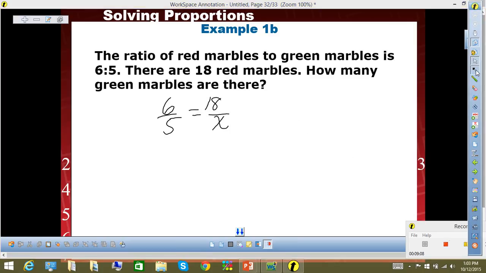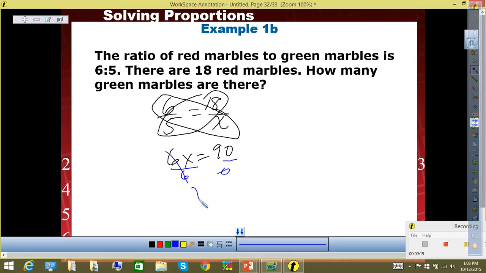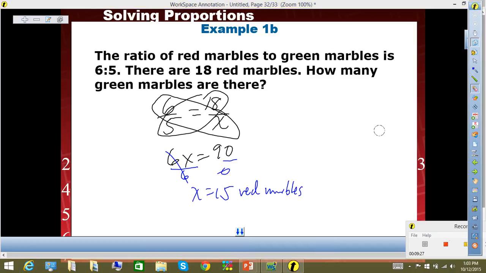Alright, so cross multiply, this is 6x equals 90. Divide by 6, divide by 6, x equals 15. Red, and I'm doing them blue? Red marbles. Oh, green marbles, my bad. Green marbles.